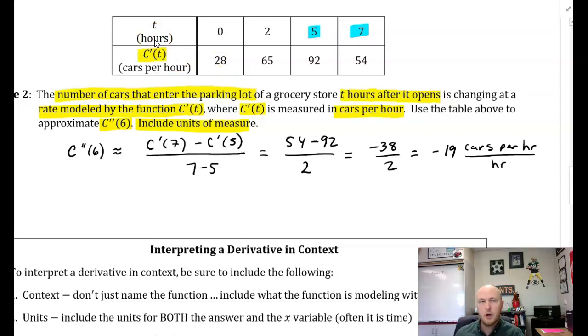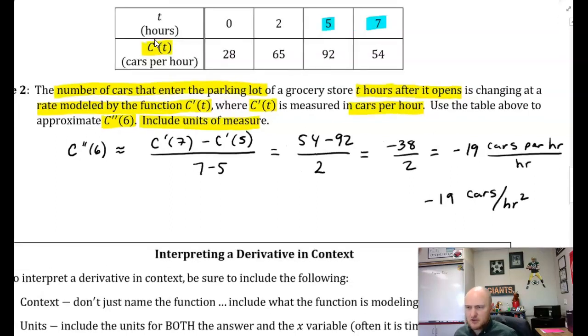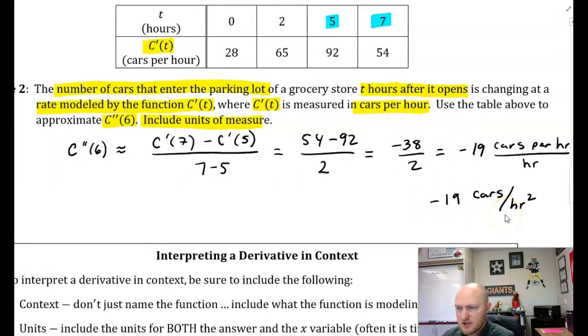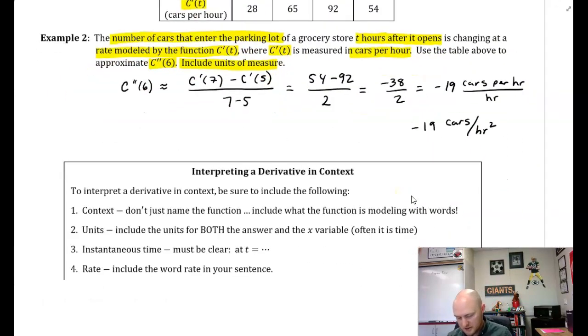So you'll often see it written as negative 19 cars per hour squared. So that's our second derivative, negative 19 cars per hour squared. And then the negative, I mean, think about that contextually. What does that mean? We're going to go ahead and talk about that now.